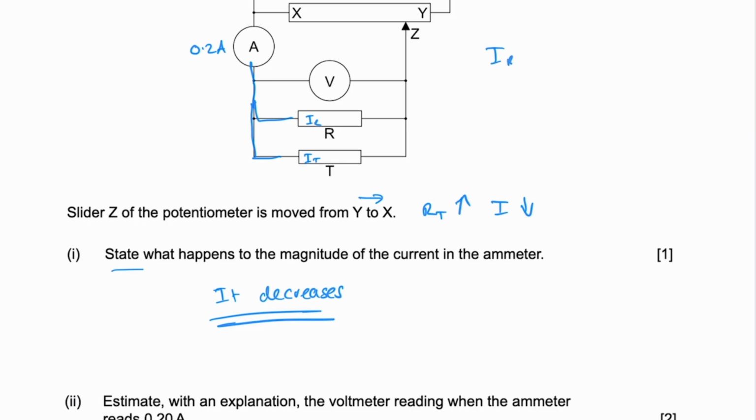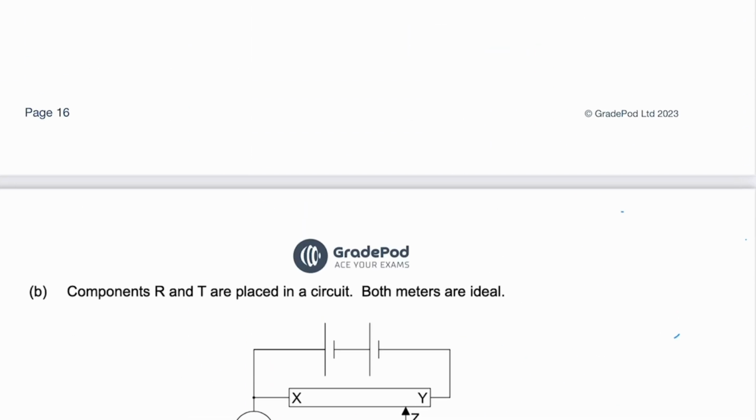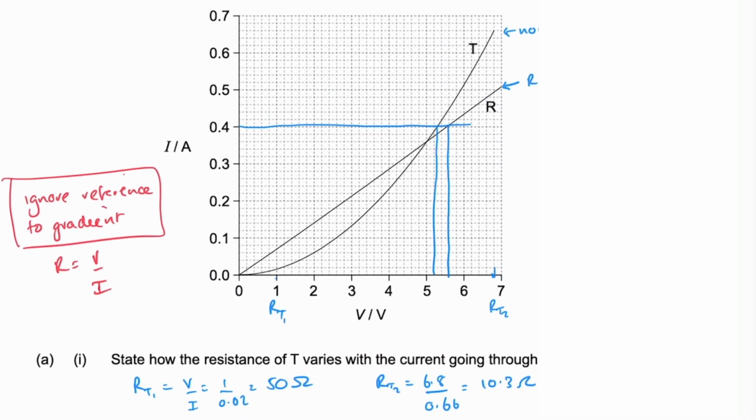So IR plus IT equals 0.2 amps. Let's go back to our graph and see how easy that would be to find out. So we need to find a point, a voltage, quite a small voltage I would say, where both of these currents add up to 0.2.